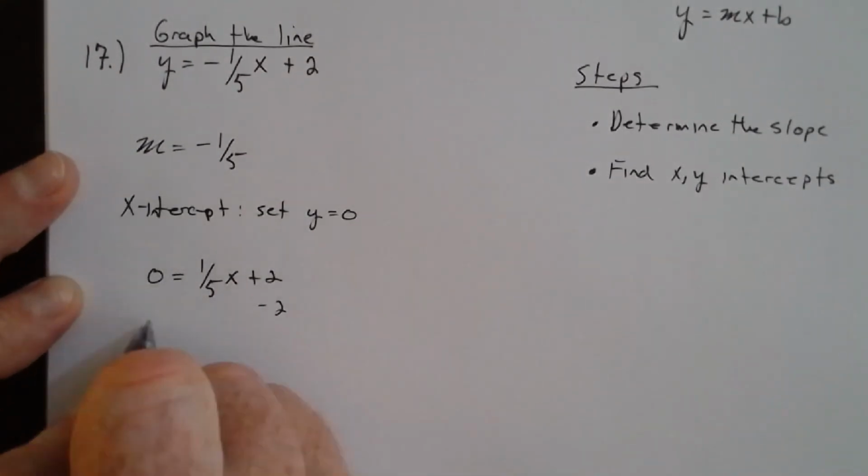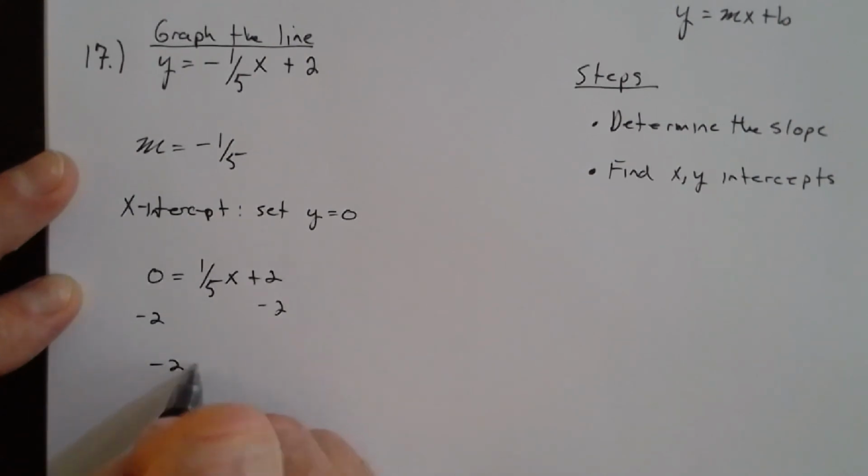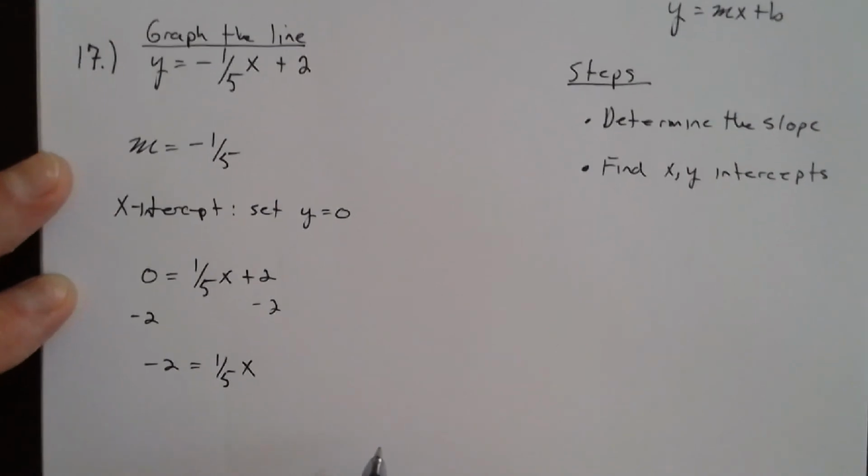Subtract 2 from both sides. It's negative 1/5 x.